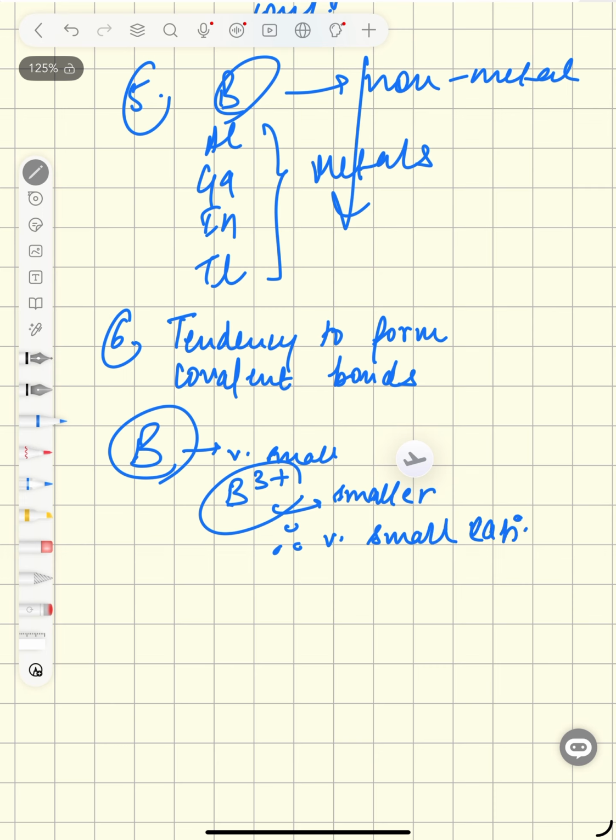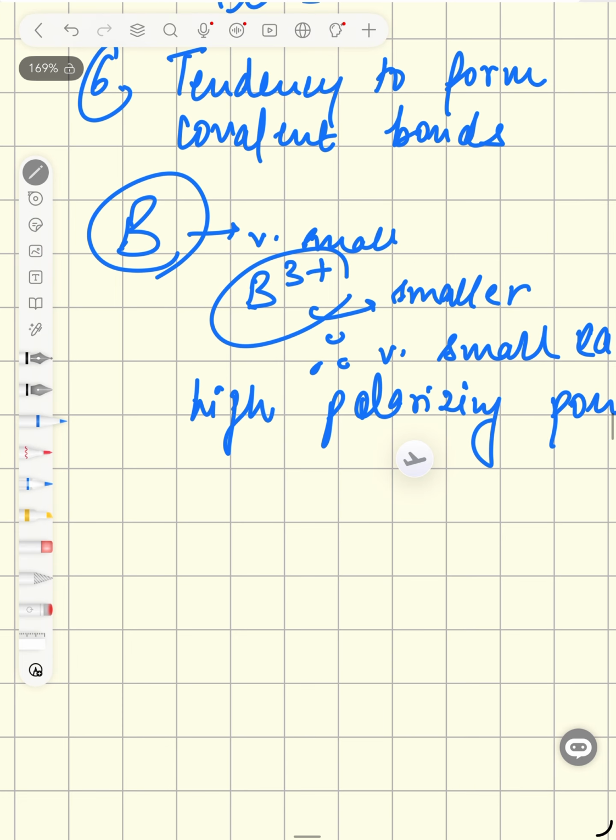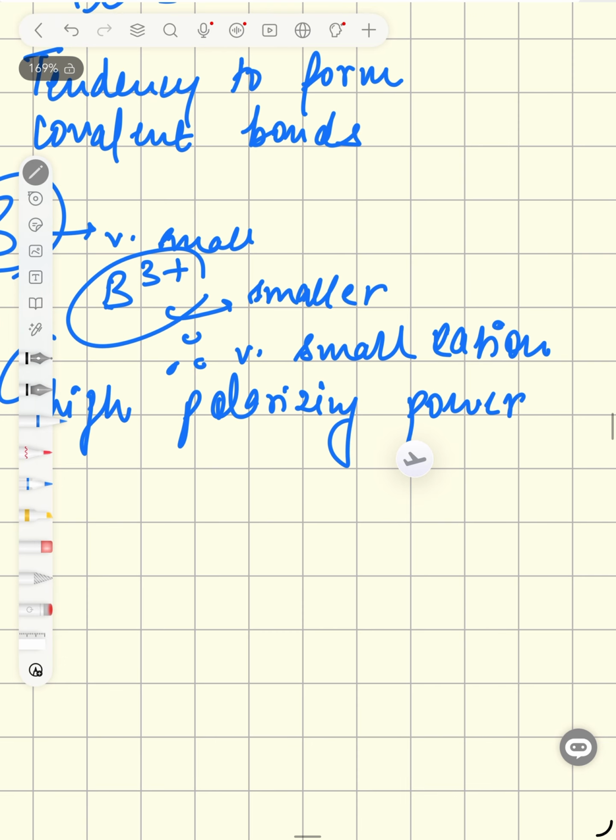Smaller cations tend to show a higher polarizing effect on larger anions. Therefore, it has a high polarizing power. Polarizing power is the ability of the cation to distort the electron cloud of an anion. Due to its small size, boron shows high polarizing power.